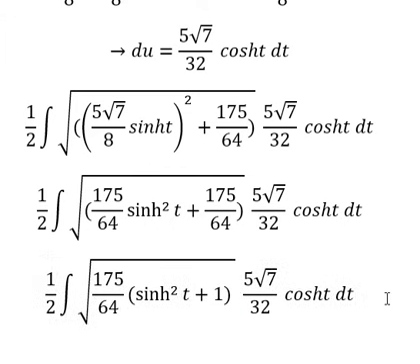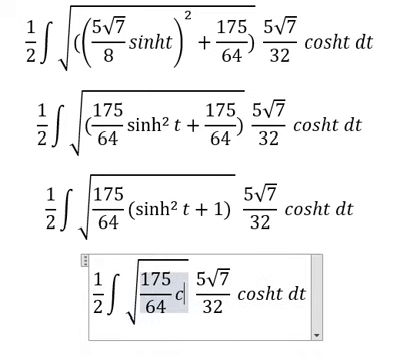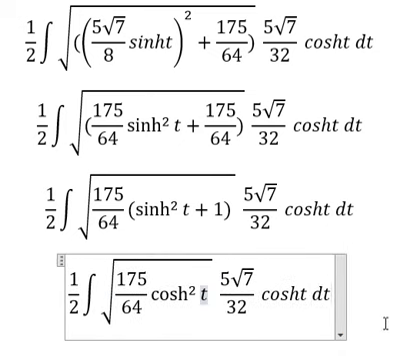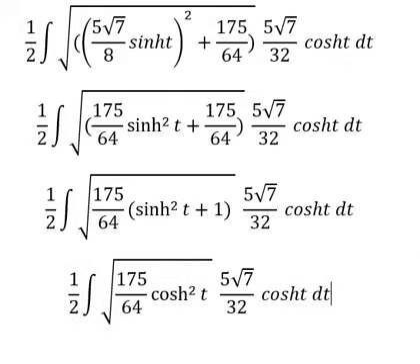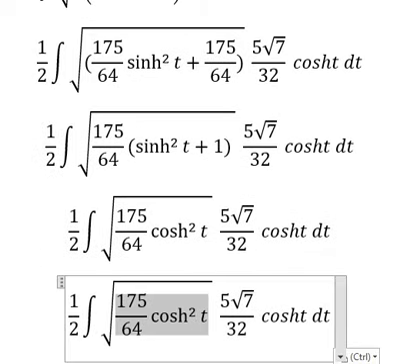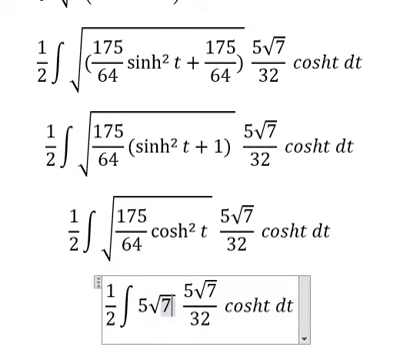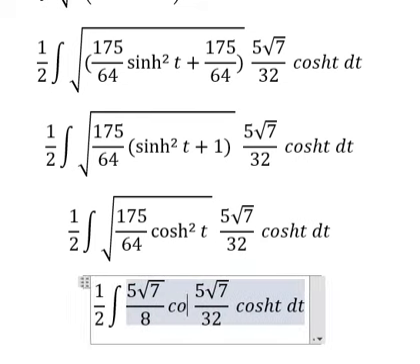So this one in here we have cos t squared, the square root of this one we have, that is 5 with the square root of 7 over 8, and we have cos t.